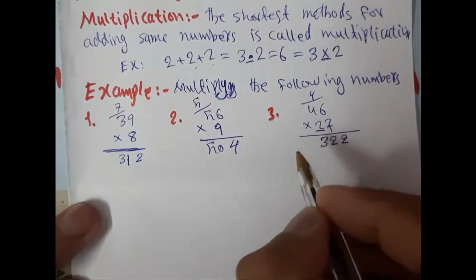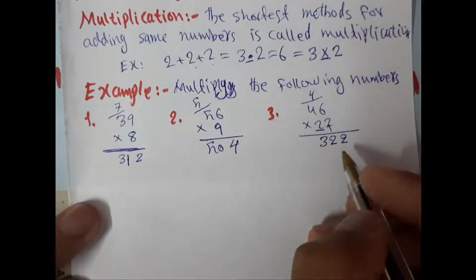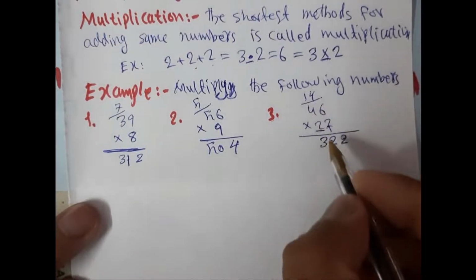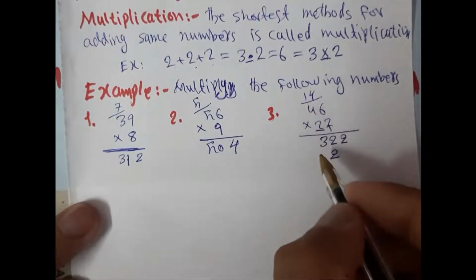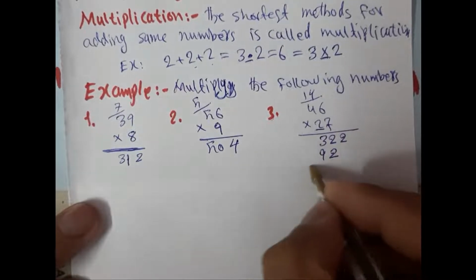Next we multiply 2 by 46. First 2 multiplied by 6, 12. We write here 2 and carry over 1. 2 into 4, 8 plus 1, 9.